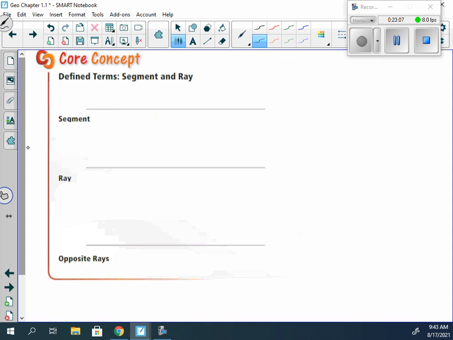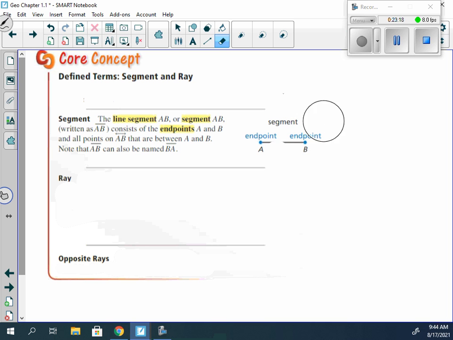Now, there are other types of line segments that we'll talk about. One of them is actually called a segment. There is a lot here. Do not write all of that. There's no point in writing the whole thing, because this is the mathematical technical jargon.